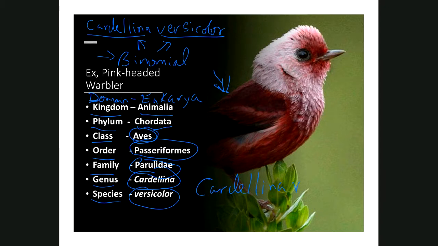So scientific names are specific to one particular organism, and they're not used twice for different organisms, unlike common names, which can be used multiple times.